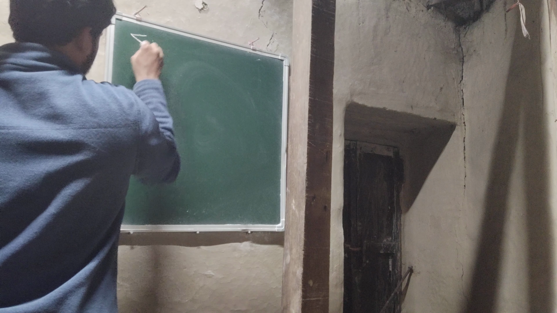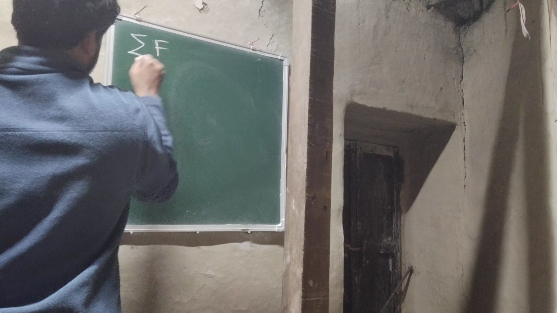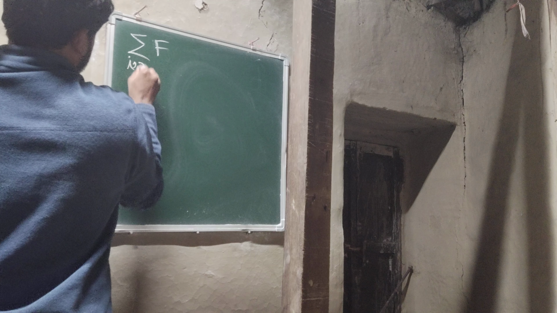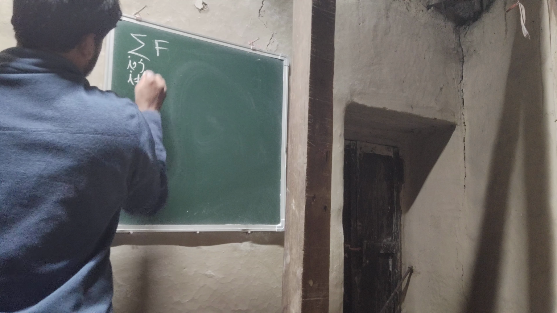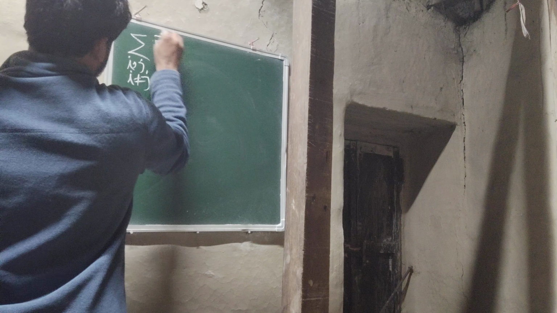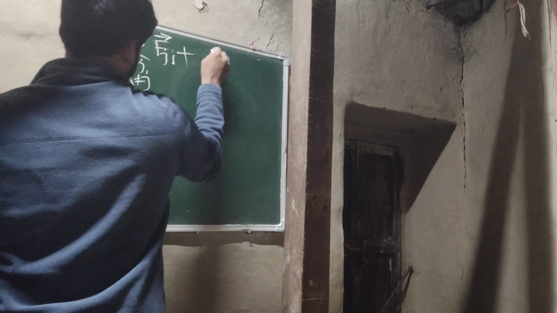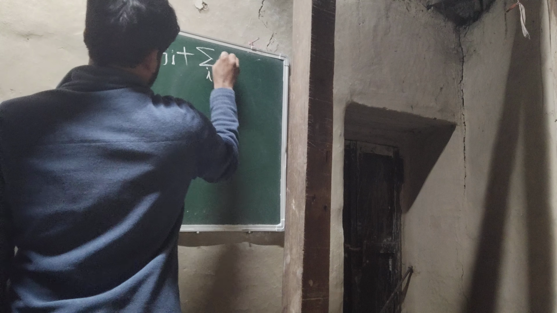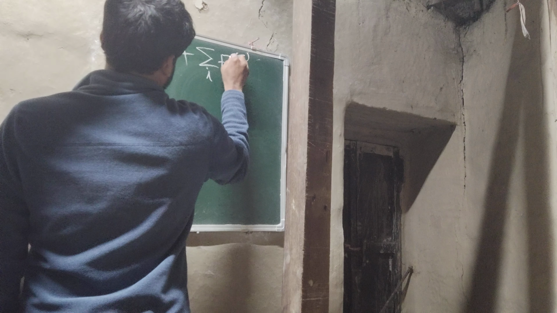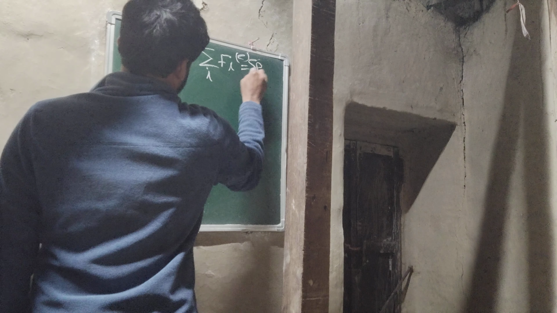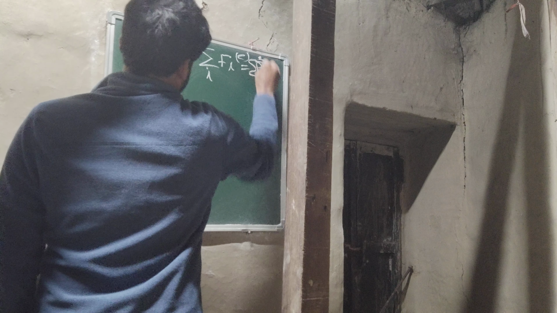Now again we write the equation: summation over i, j, i not equal to j, F_ji plus summation over i of F_i equal summation p_i vector dot.